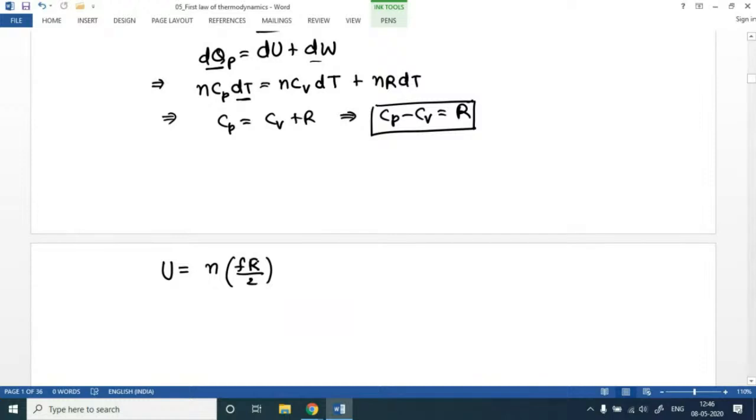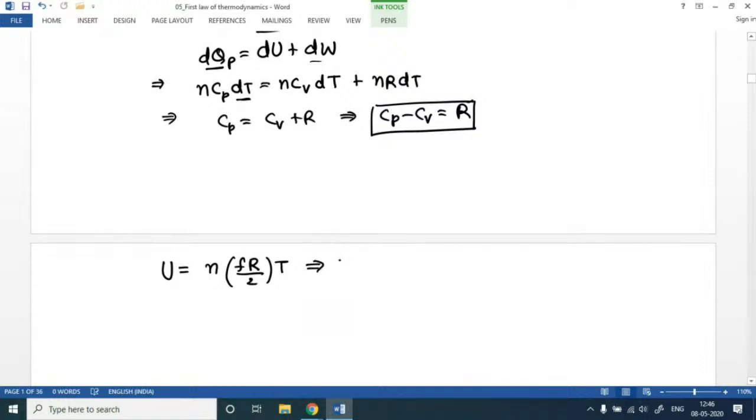From the law of equipartition of energy, we said that for each degree of freedom, R by 2 energy is associated per mole. The degrees of freedom could be translational and rotational, and we are not talking about any vibrational degree of freedom, because we will be limiting ourselves to the discussion at low temperatures only.